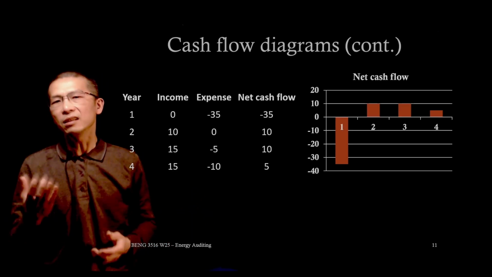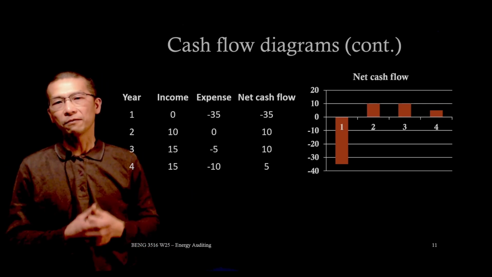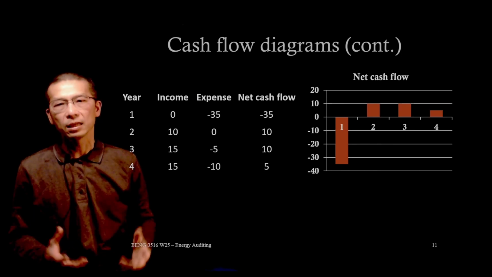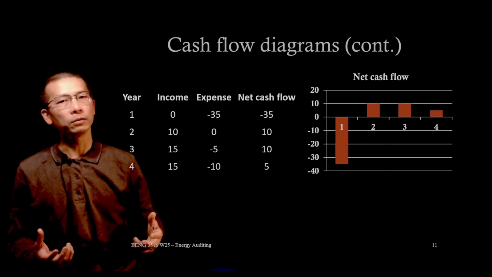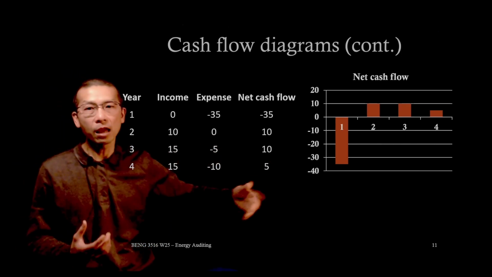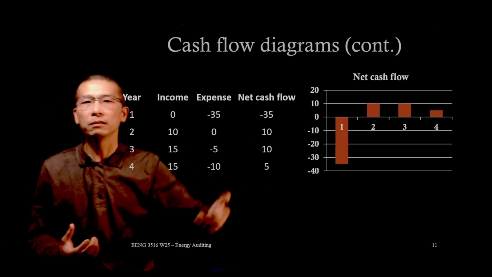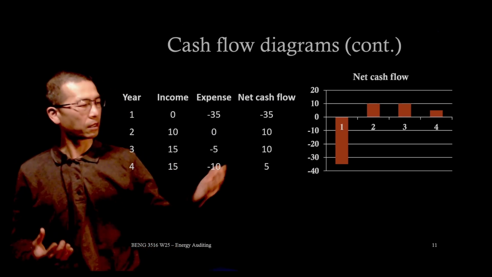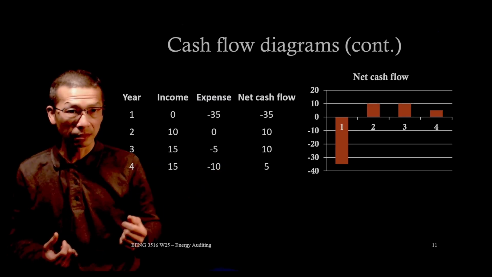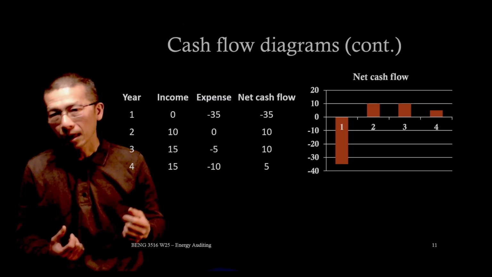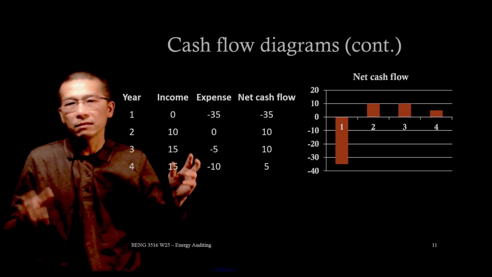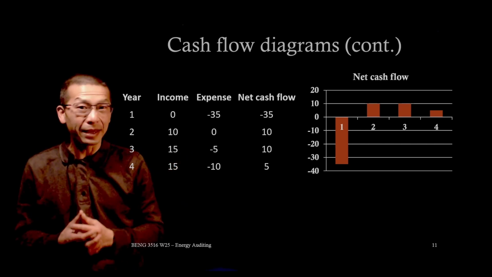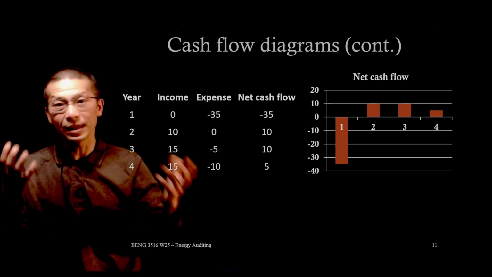However, this does not mean the project is fundamentally bad. If you extend the analysis to, say, 5 or 10 years, the continued savings could eventually make the project net positive. Okay, net positive.